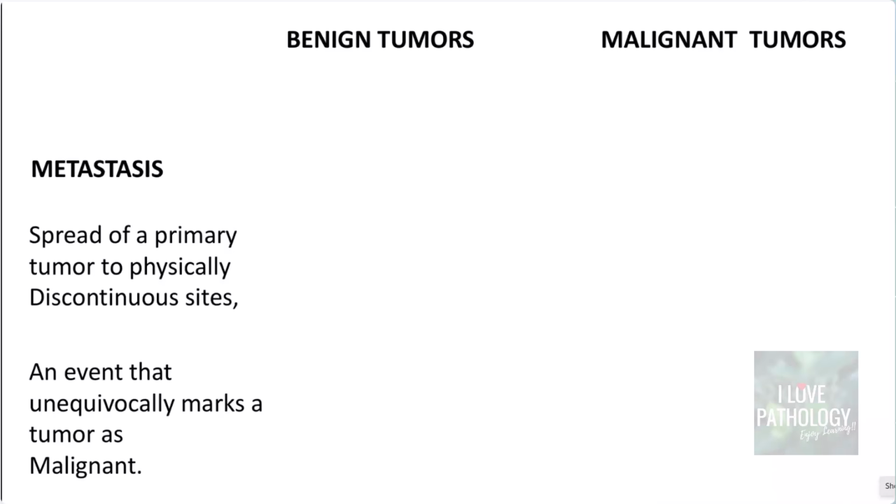And remember, metastasis is that event which unequivocally marks a tumor as malignant. If you find a tumor in a distant site, and that is metastasis, it almost always says that you are dealing with a malignant tumor.